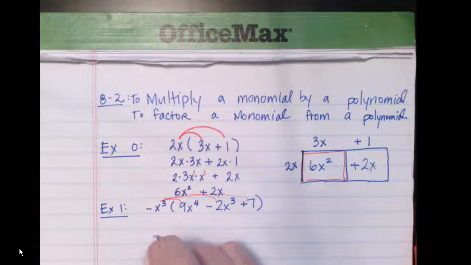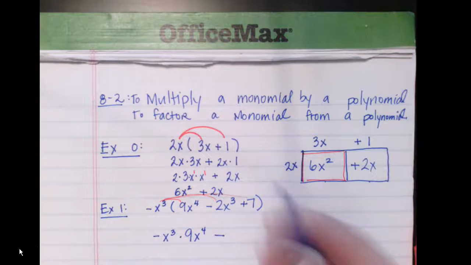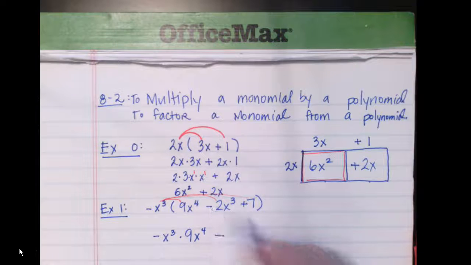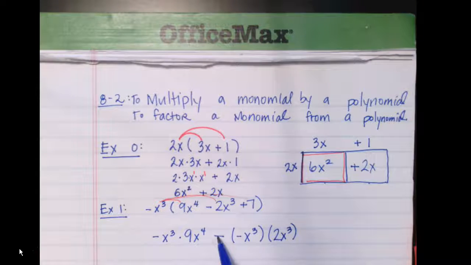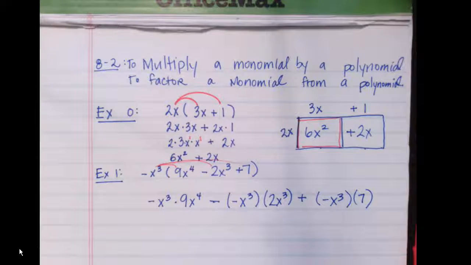So in my first multiplication, I've got negative x cubed times 9x to the 4th. Then I have a minus sign. Minus negative x cubed times 2x cubed, so that's the minus from my term. Then I've got a plus, so now I'm going to go negative x cubed times 7.